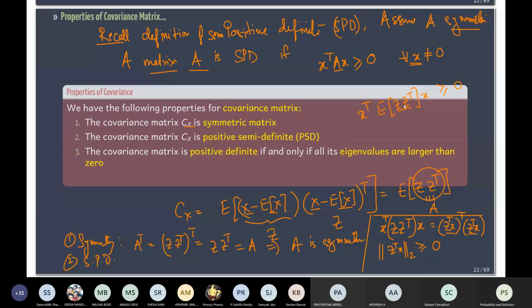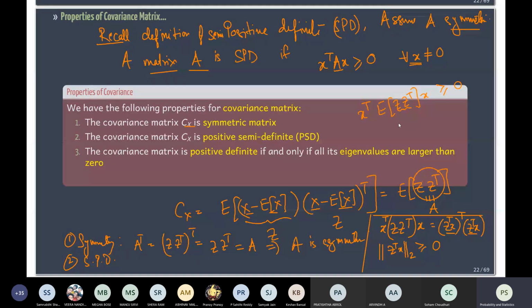Okay, so I have proved this result. Because x is a fixed value here, you can bring this x inside due to linearity, and you can bring x inside from this side also.